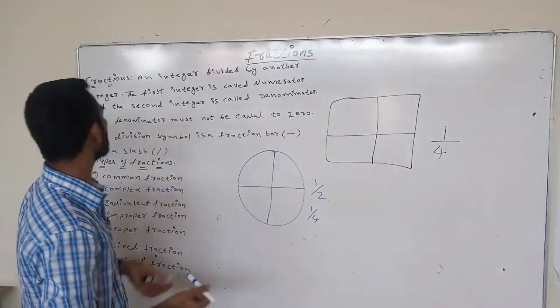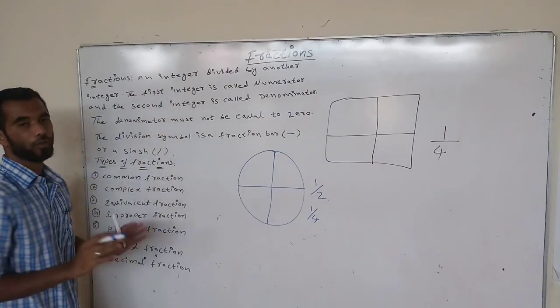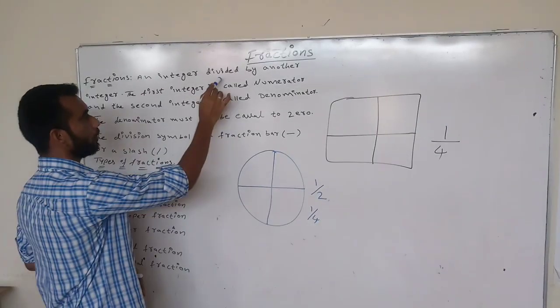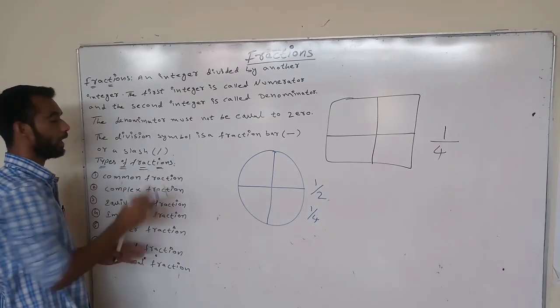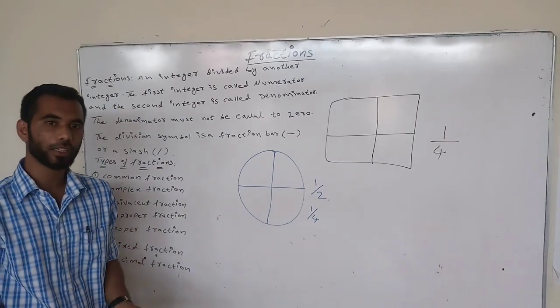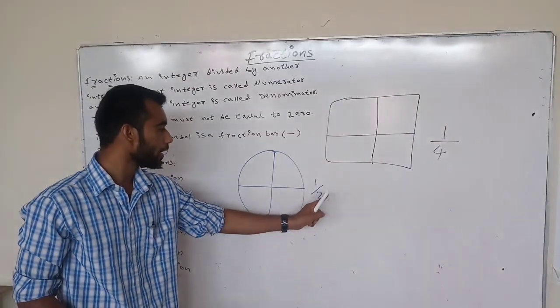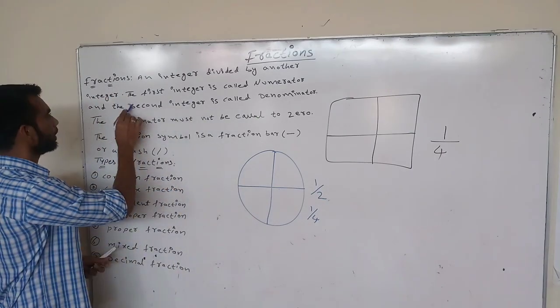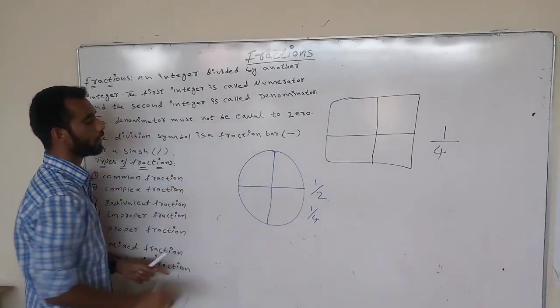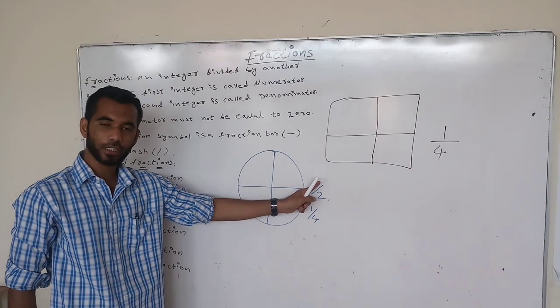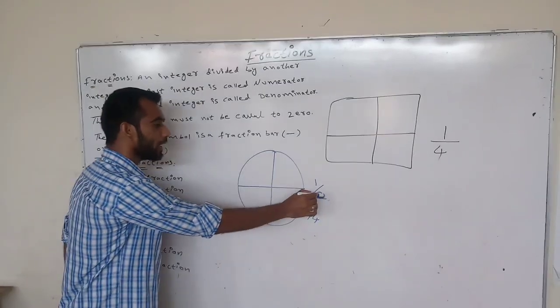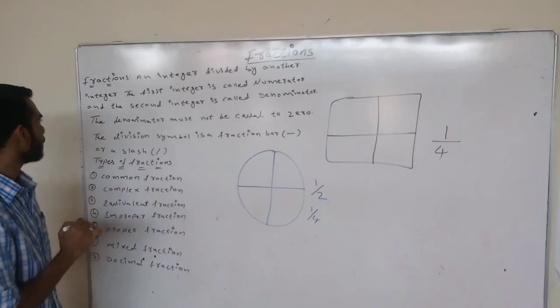Now, the second definition: an integer divided by another integer. The first integer is called the numerator and the second integer is called the denominator.